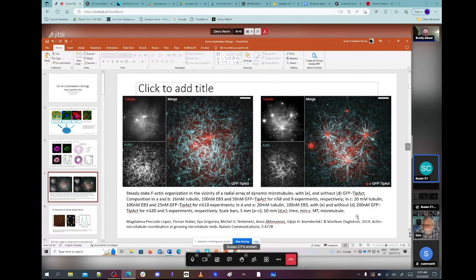What cell? Pardon? I don't know. I don't think this is in a cell. Actually, I have to go back to this paper. So I put it in here. It's sort of not quite finished.